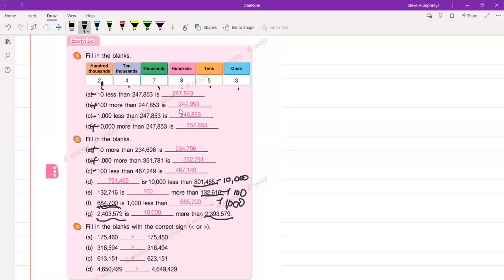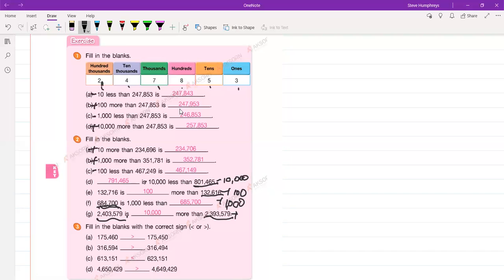So what have they done to this number here to get this number? Well, they've added something.